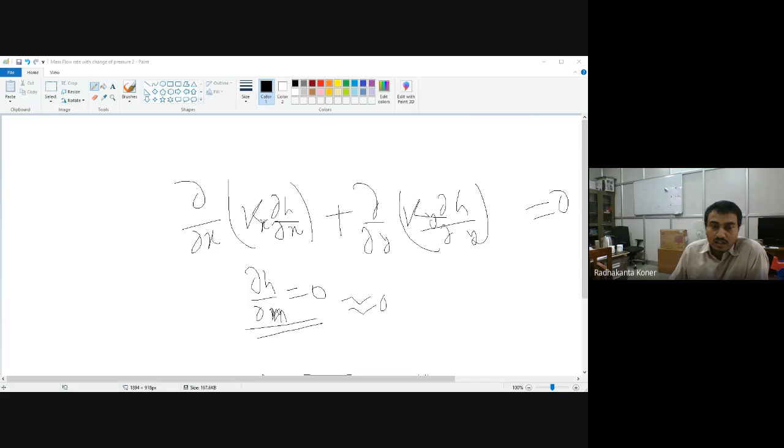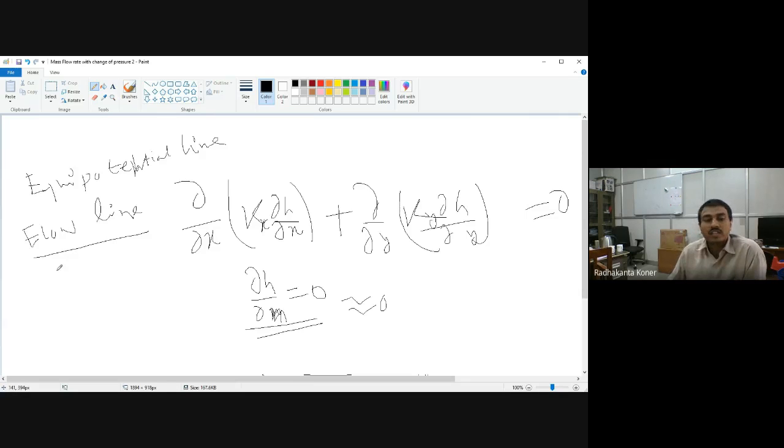Now in this condition, we will try to maintain a few things in the flow net: the equipotential line and flow line are mutually perpendicular to each other, and no flow line will intersect with each other. Those things we have to maintain.